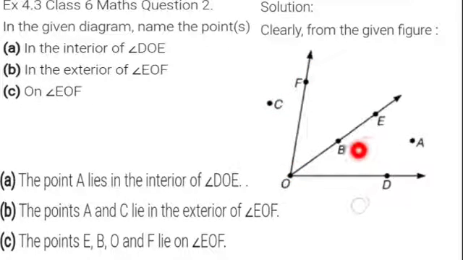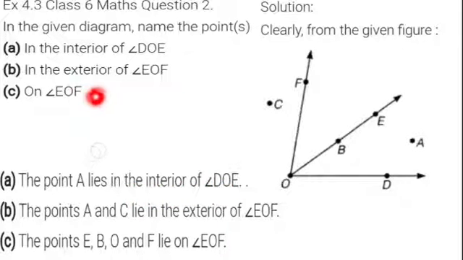The angle is here, and the points outside are the points in the exterior of the angle. The first angle mentioned here is DOE. We don't have to give the names of the points which are on the angle. We have to give the interior point. So in the interior we have only the point A. So it is clear from the figure that the point A lies in the interior of angle DOE.